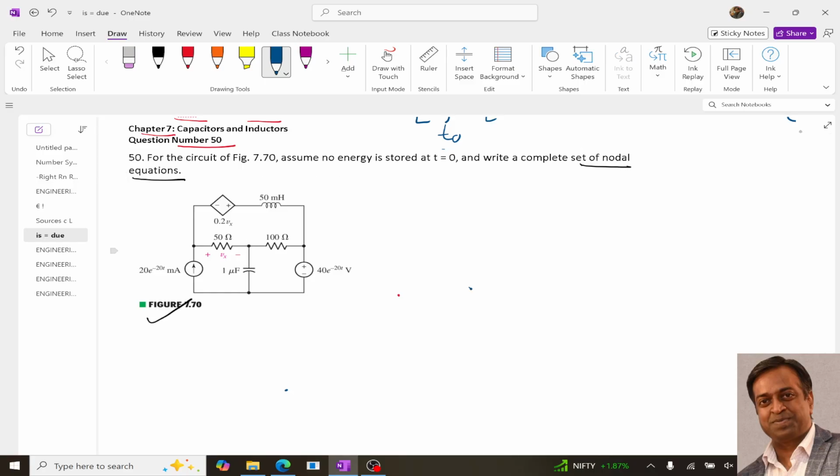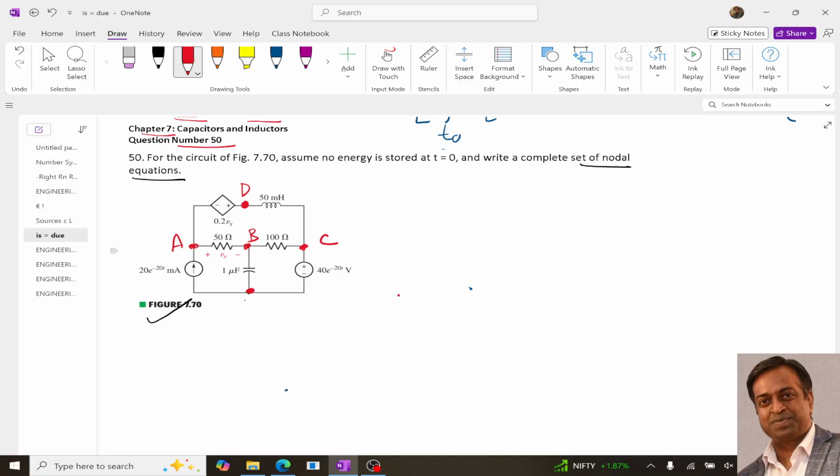Here the first node will be this one, A. This will be our second node, B. This will be our third node, C. Here we also put this as one node, D, because whenever we have an inductor or a capacitor, the junction between two elements, of which one is an inductor or capacitor, is always better taken as a node, right?